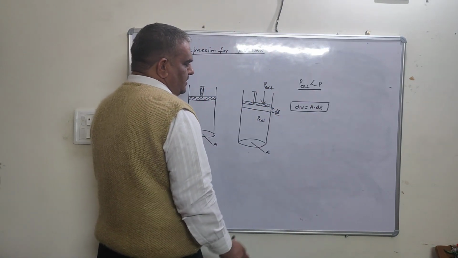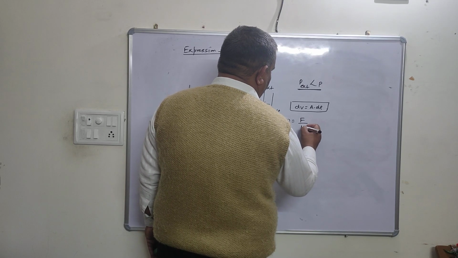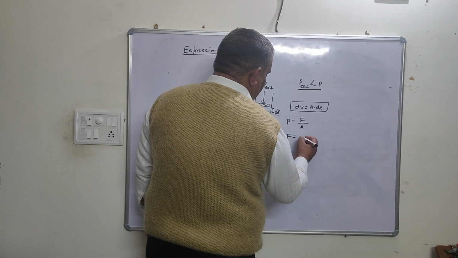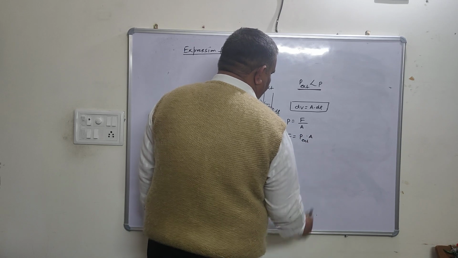Pressure is equal to force per unit area, and the force acting on the piston F equals P external multiplied by area.